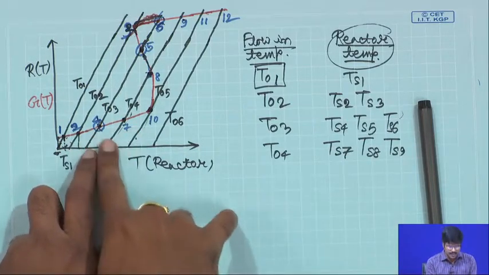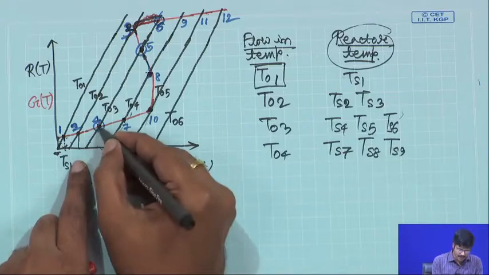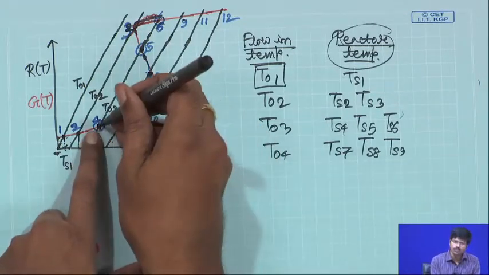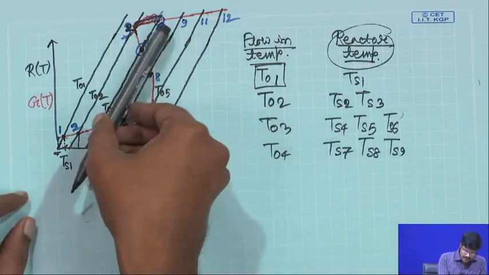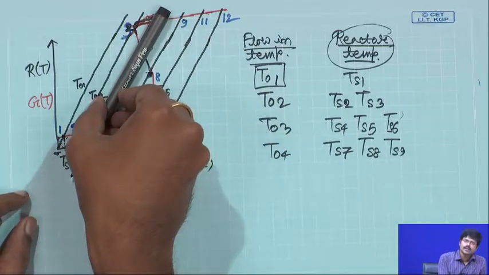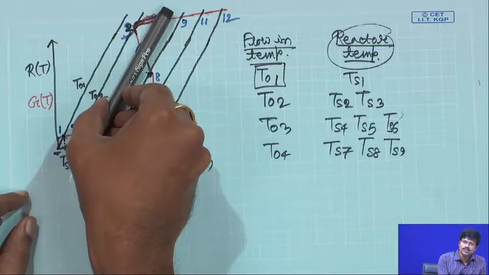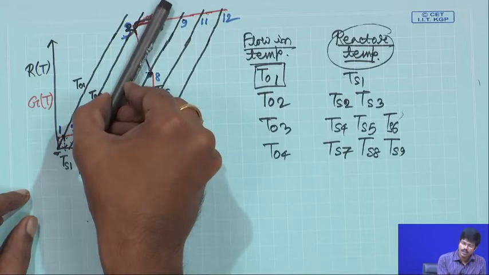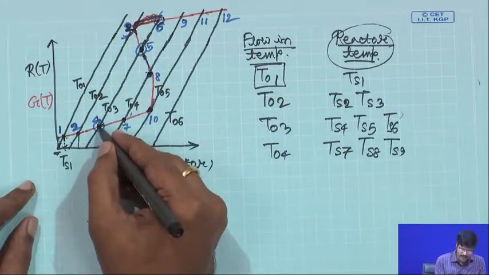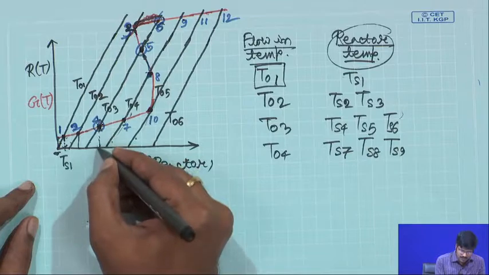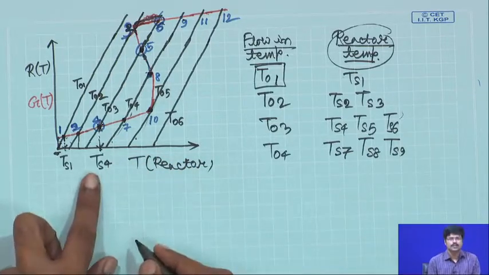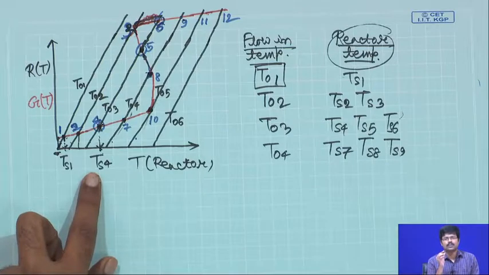Correspondingly, for example, if you are trying to operate at 0.4, this is a steady state situation, you should be on this line. So, you have to take the value of T0, the inlet temperature, as well as the heat transfer fluid, those temperature values corresponding to this line firstly, and secondly, if you have to operate at this point, your reactor temperature should be Ts4, S indicating steady state.